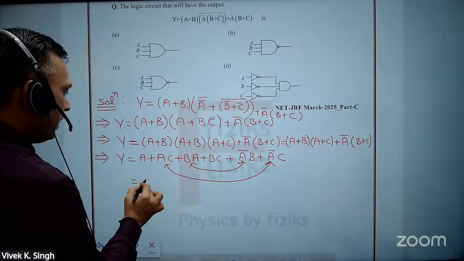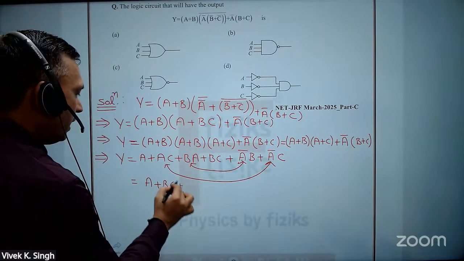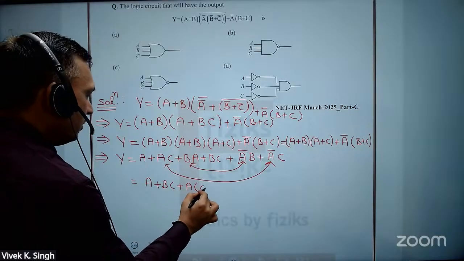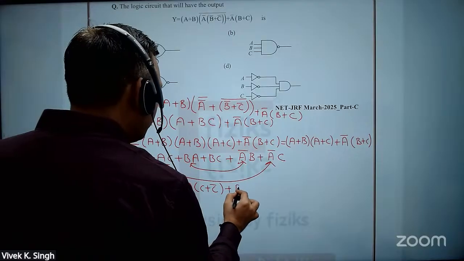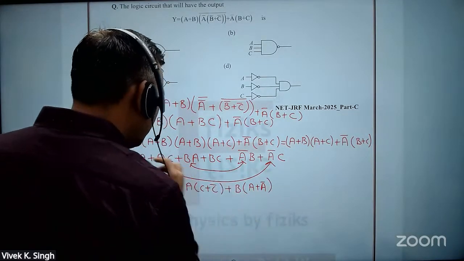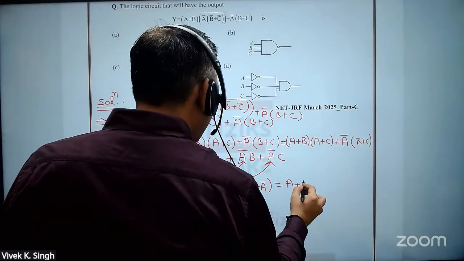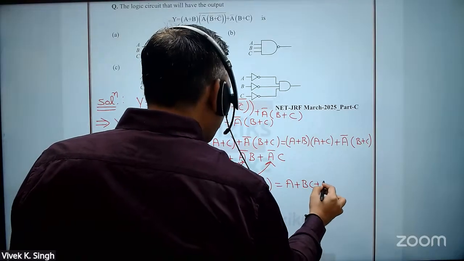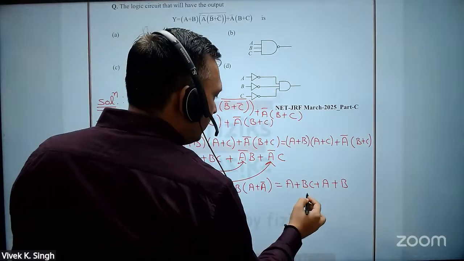So what you will get, A or BC, and if you take A common here, you will get C plus C bar. And if you take B common, A plus A bar. So that will give you A or BC or A or B. Yes or no?